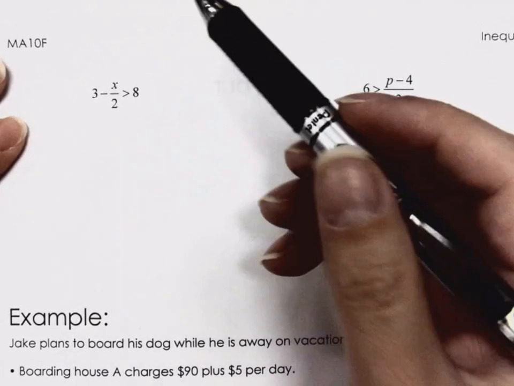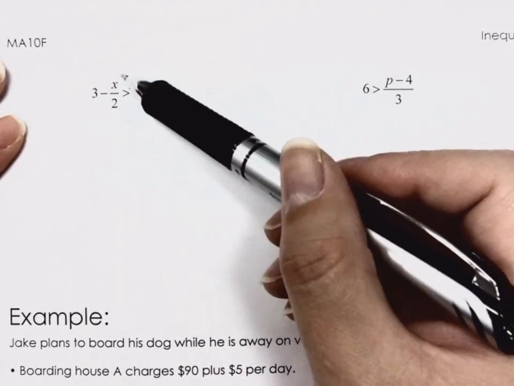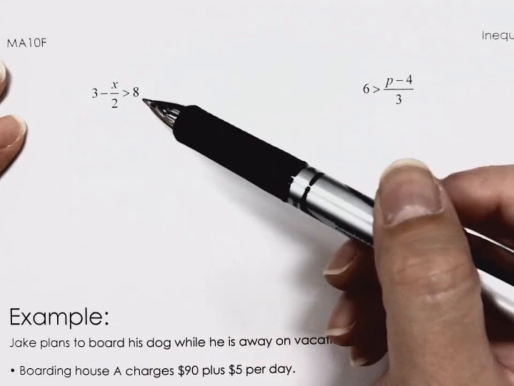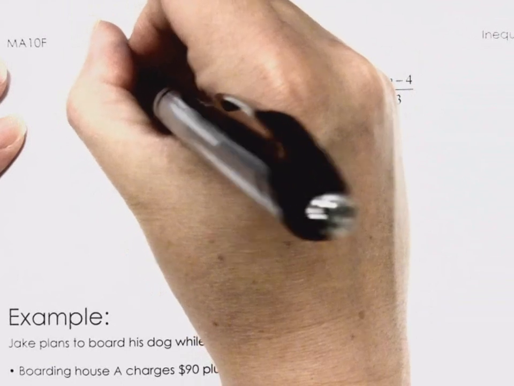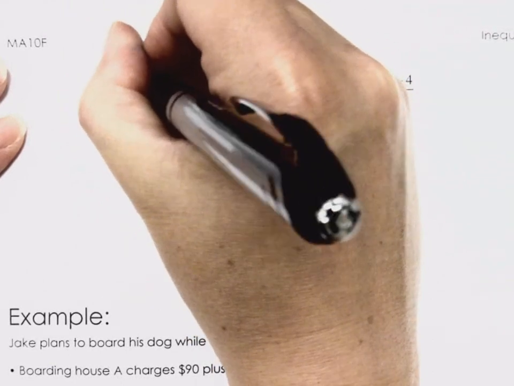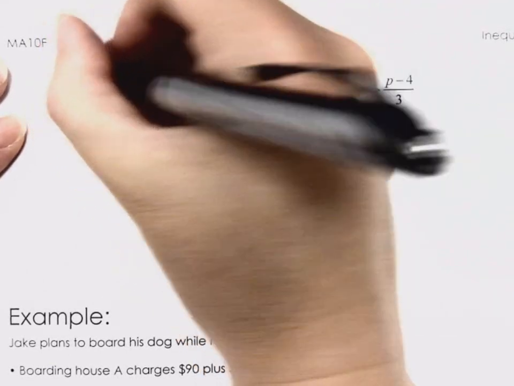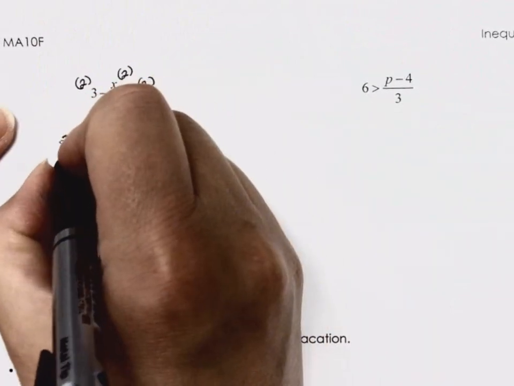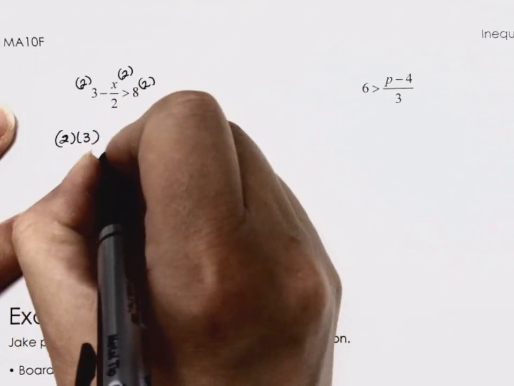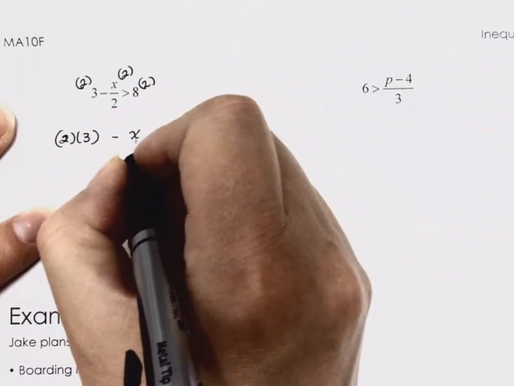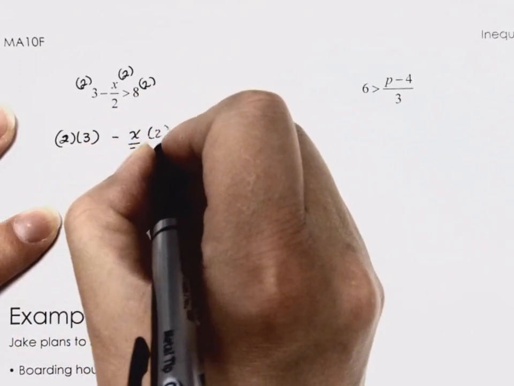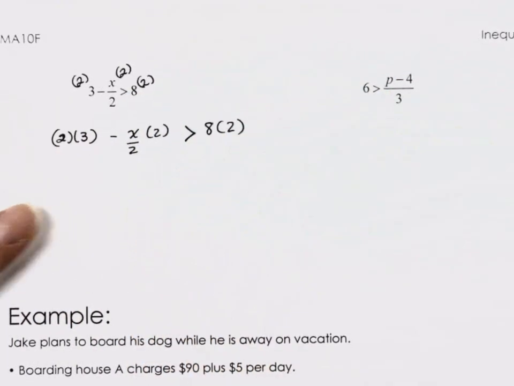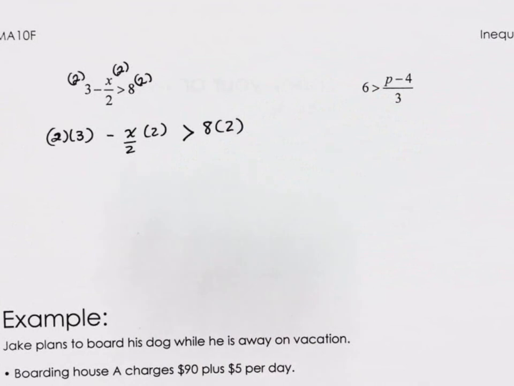All right, so this is a denominator of 2. So opposite to divide by 2 is multiply by 2, but you have to multiply all the terms by 2. So we're going to have 2 times 3, we're going to have x over 2 times 2 greater than 8 times 2. And I'm just writing that out so we can see it a little bit better.